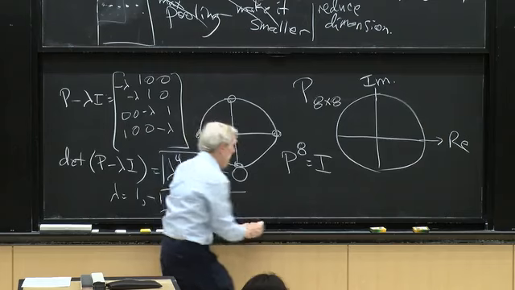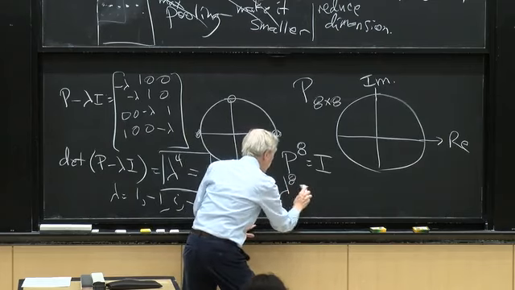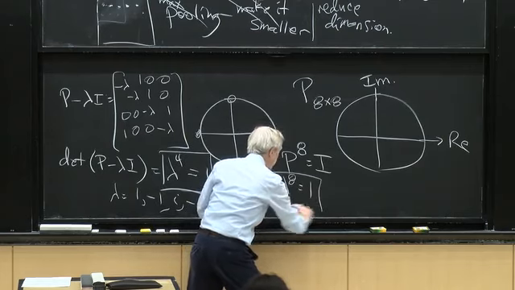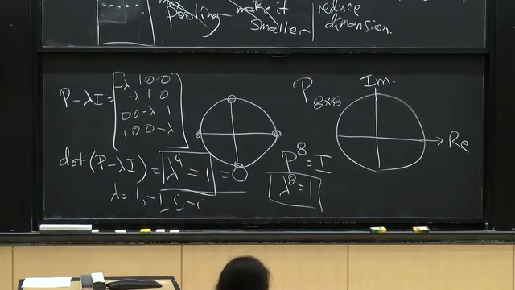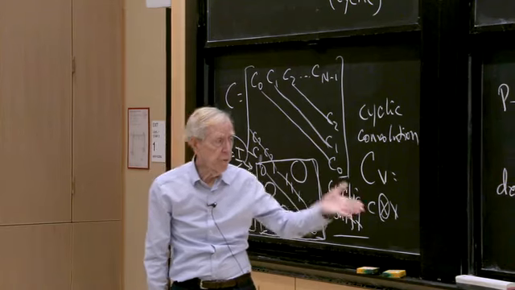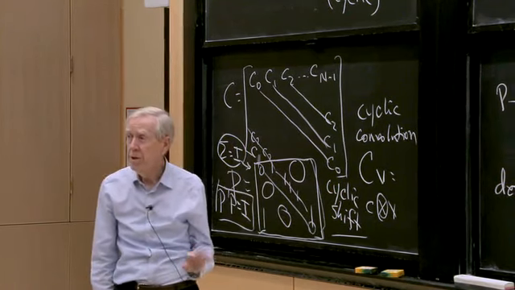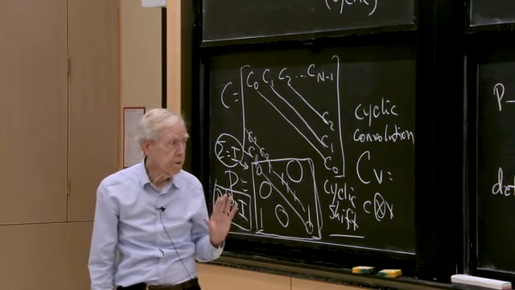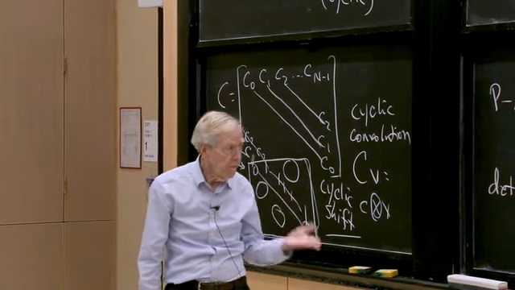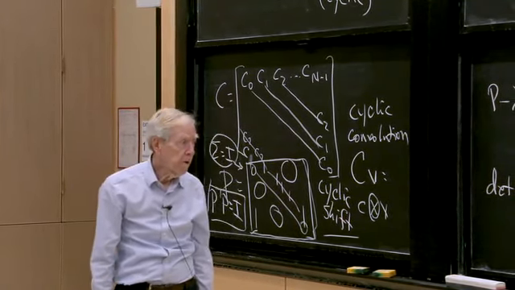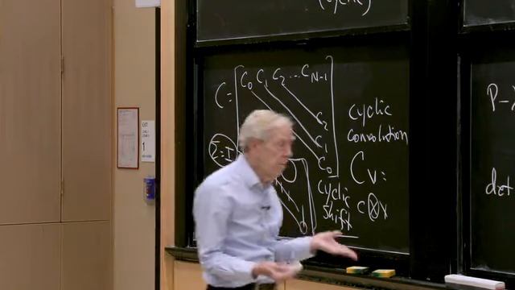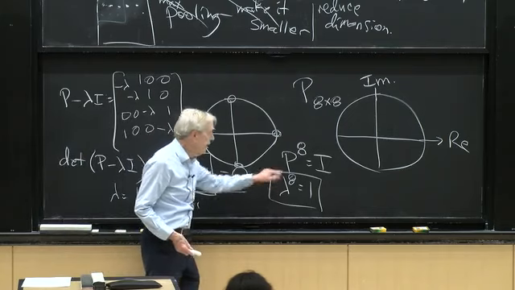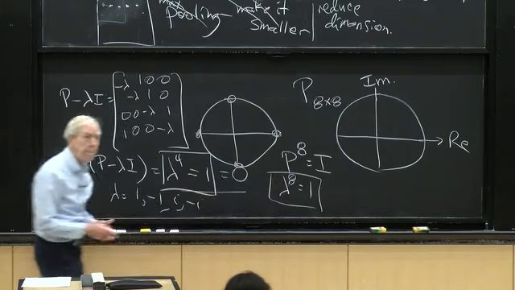And that means that lambda to the 8th power is 1 for the eigenvalues. And what are the 8 solutions? Every polynomial equation of degree 8 has got to have 8 solutions. That's Gauss's fundamental theorem of algebra. 8 solutions, so what are they? What are the 8 numbers whose 8th power gives 1?